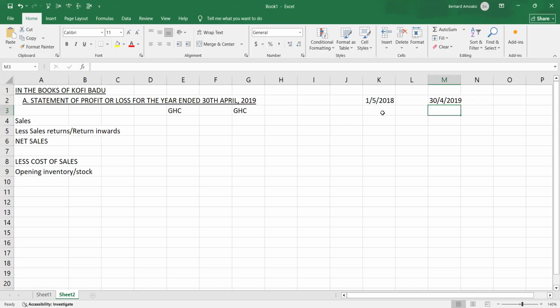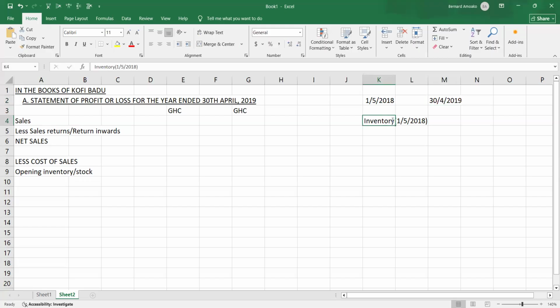It means that even if you don't see opening inventory, and you see them write inventory and put the beginning date of the period in brackets, it makes it the opening inventory. So when they put 1st May 2018, you know the year began from that period to this year. So at the beginning of the period, this is the inventory they had.